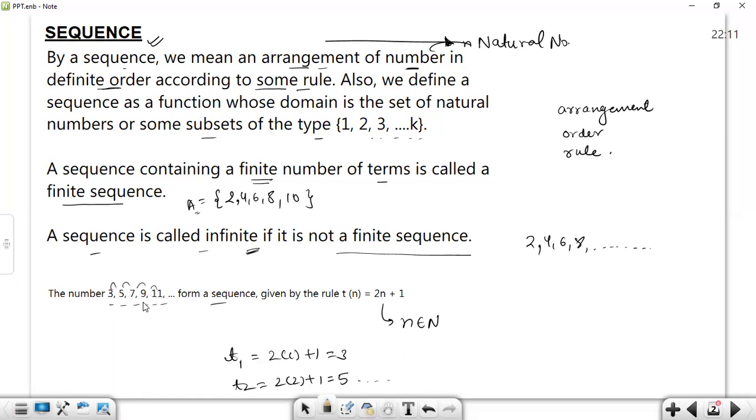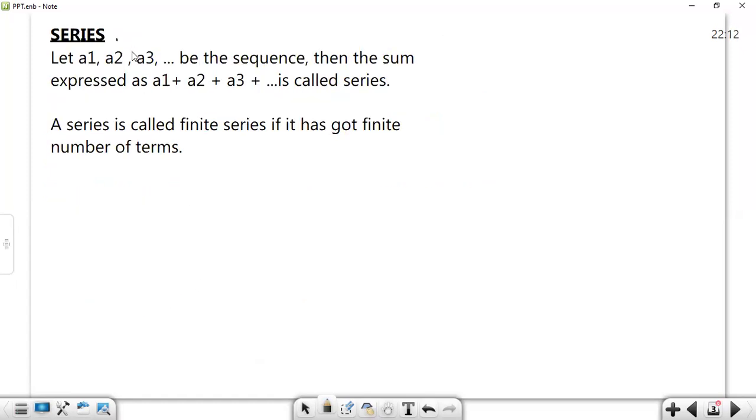So this is a sequence in a certain order following some rule, and this is the arrangement of them. Clear? This is a sequence example. Any doubts? No, sir. And if we add all the terms of the sequence 3, 5, 7, 9, then we call it a series.